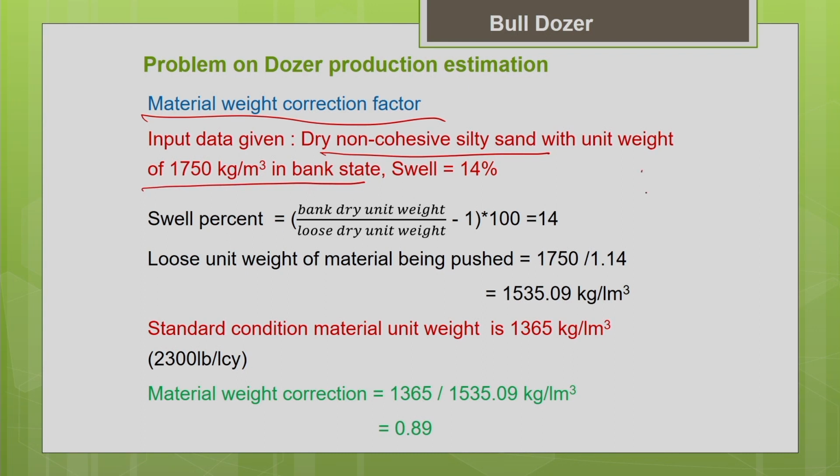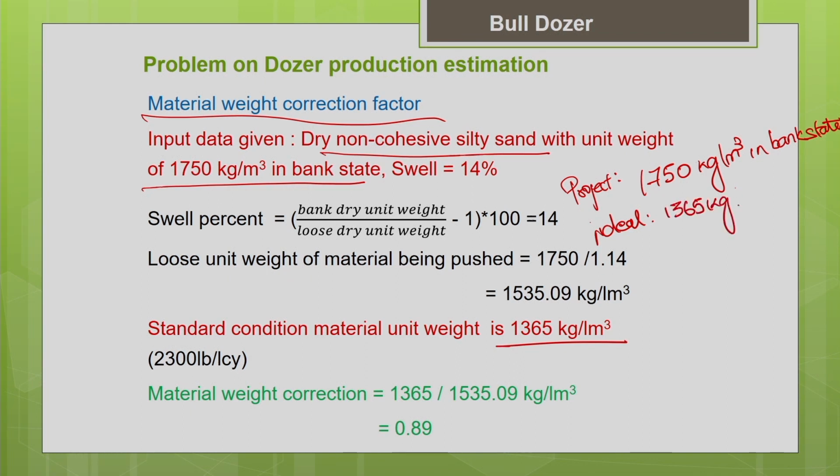So, this is your actual project, but the productivity value what we have chosen is for the ideal condition where the soil density is 1365 kg per meter cube. So, it is in loosened state, loose meter cube.